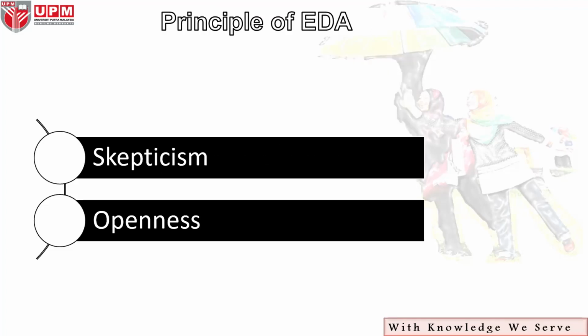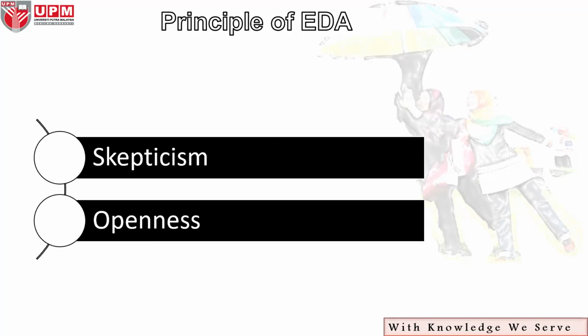Okay, so in EDA, there are two important principles: skepticism and openness. Skepticism means we always have the curiosity that our data might be wrong.